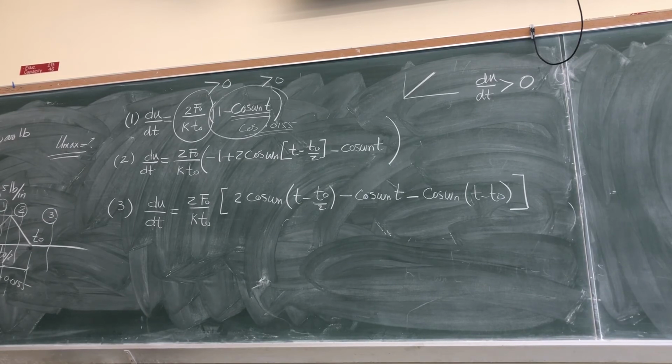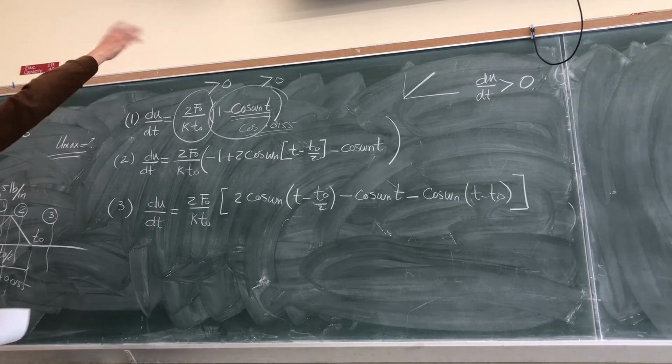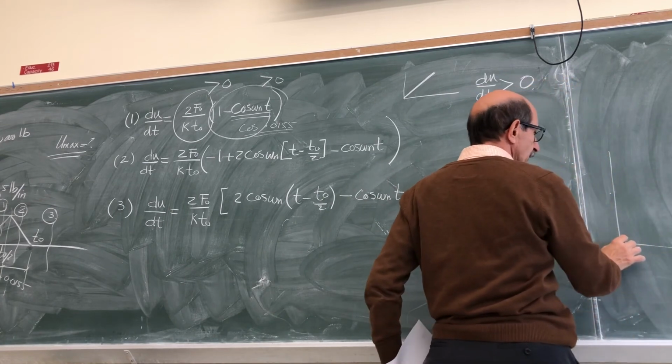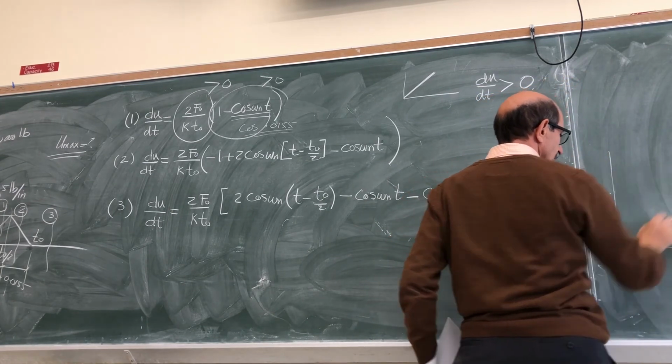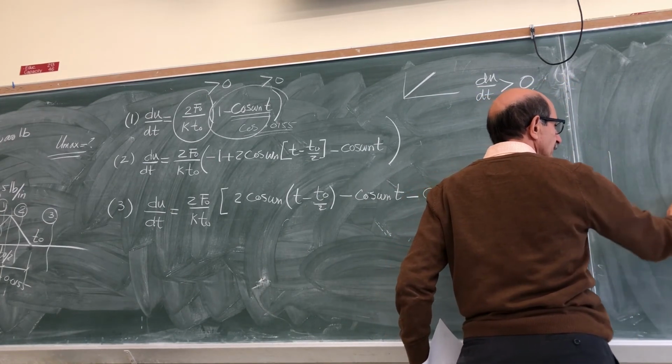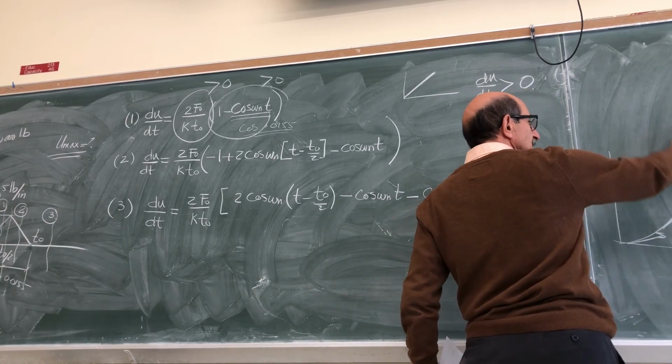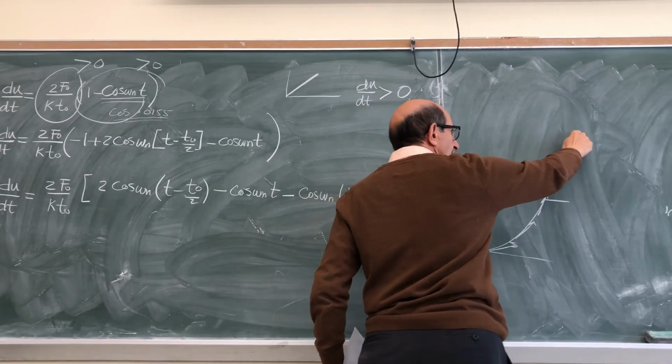So no maximum can be reached during that period. In other words, if you just plot that, it's as if you have a curve like this, has a positive slope all the way, never reaching a maximum value.